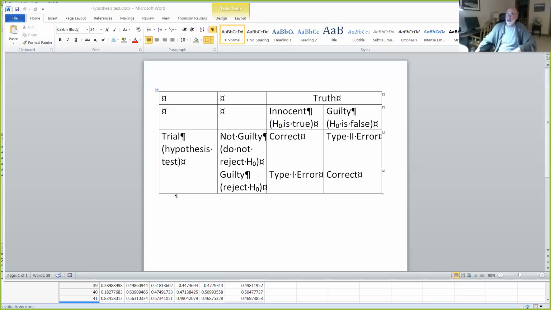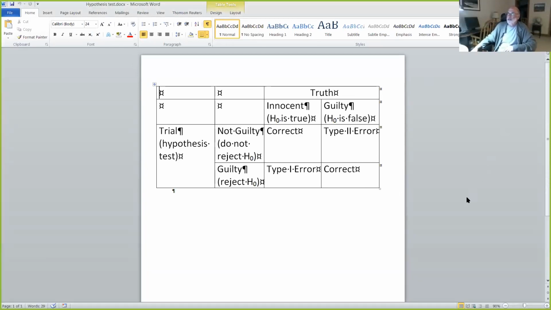Let me bring up something else here. The best analogy for a hypothesis test is to look at a jury trial, because it's a very similar kind of situation. In a jury trial, you have somebody accused of a crime.